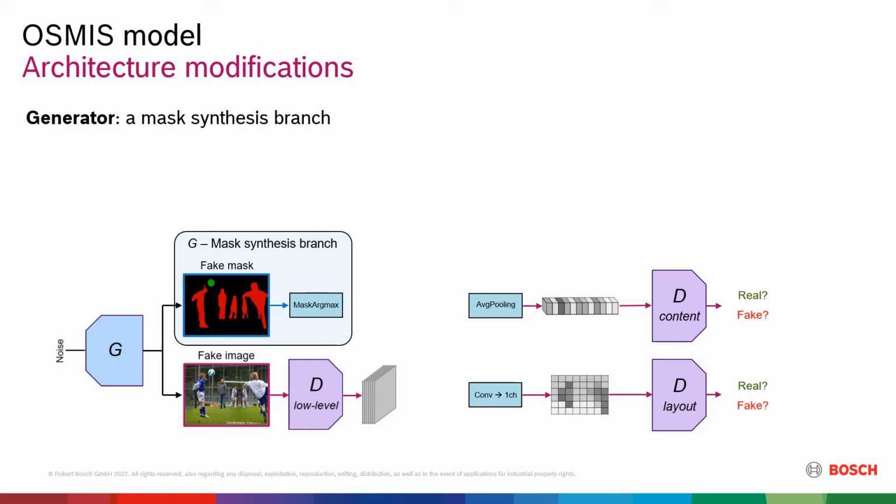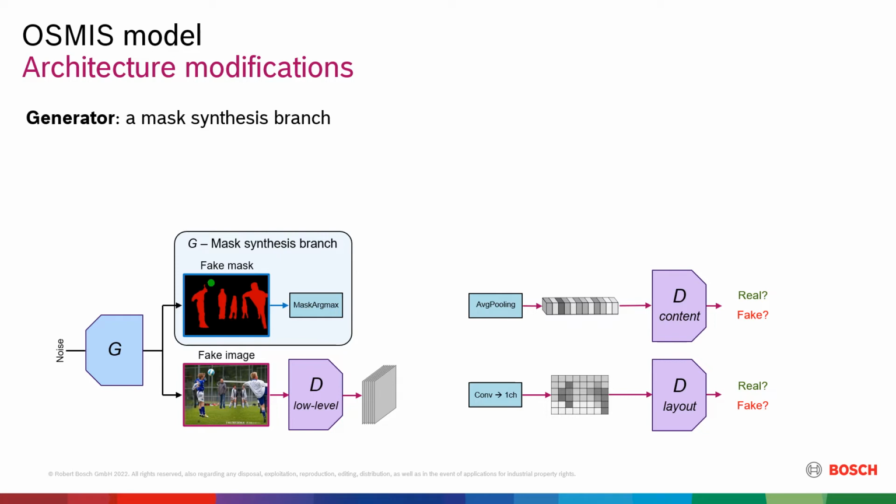This branch is parameterized as a simple convolution followed by a softmax activation. The result of this operation is an n-channel soft probability map where each channel corresponds to one of the objects or to the background. The final discrete mask prediction is obtained via an argmax operation.